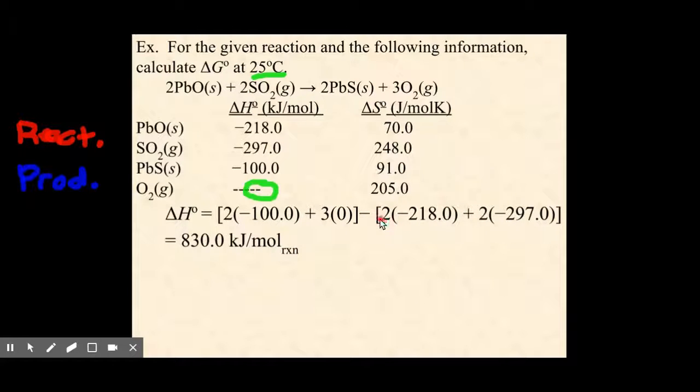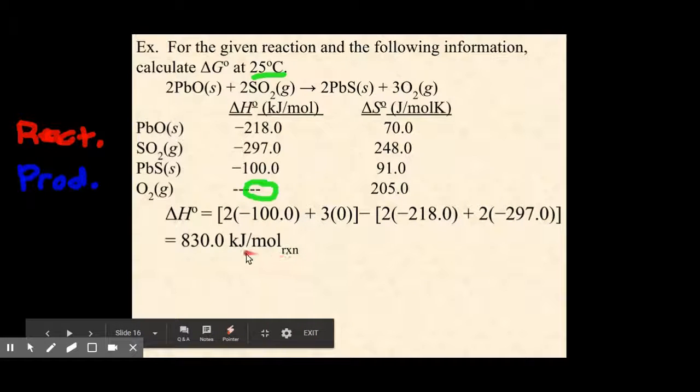So 2 for my coefficient times negative 218 plus 2 times negative 297 will now yield 830 kilojoules per mole. That's my standard enthalpy for the reaction.